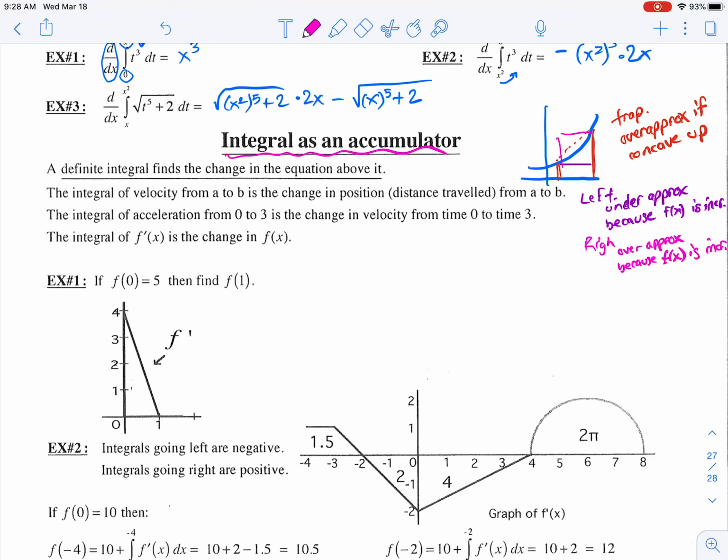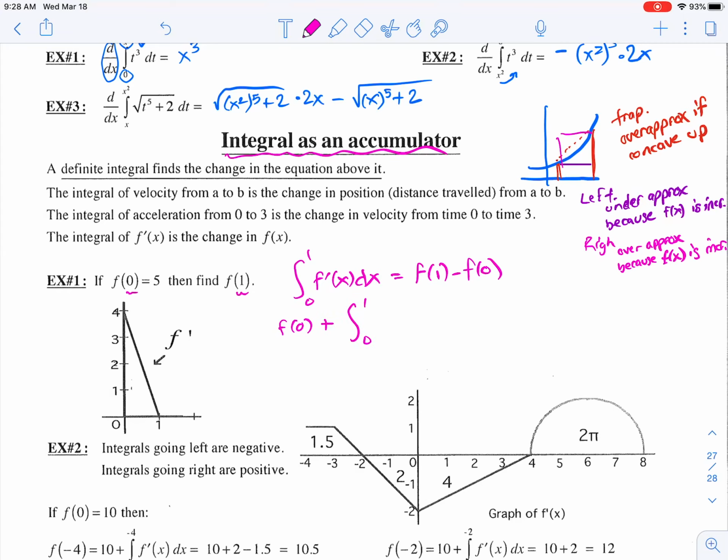Okay, so moving on to example 1 here is integral as an accumulator. This is a classic fundamental theorem problem, but from a picture. If we have one x value looking for the y value at the other, then integral of f prime of x from 0 to 1 equals, as per fundamental theorem, f of 1 minus f of 0.